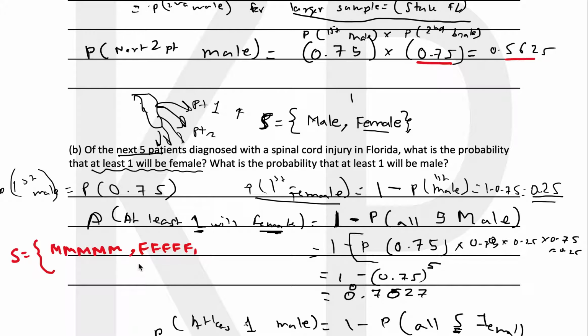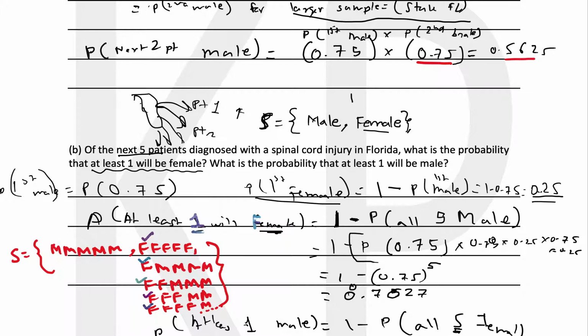or there could be the probability of first female and then all four male, two females, three females, four females, and there will be a combination of events also based on the sequence, but I just want to highlight the point that if you are interested in the probability of at least one female, there is one female, there is one female, at least one, actually two, actually three, actually four, but in here there is no female.